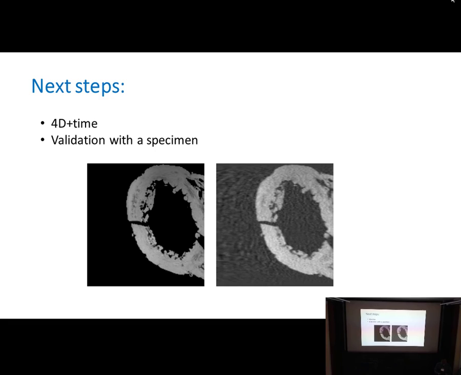We track the mesh through the time sequence. Actually, for each CT image, we have 10 frames over the whole heartbeat. Right? So we track the mesh through these images. During the process, we try to preserve the topology of the original mesh. That's one of the projects we're working on.